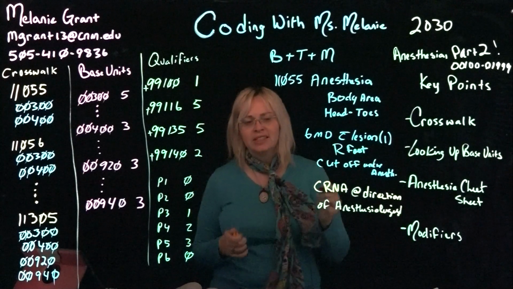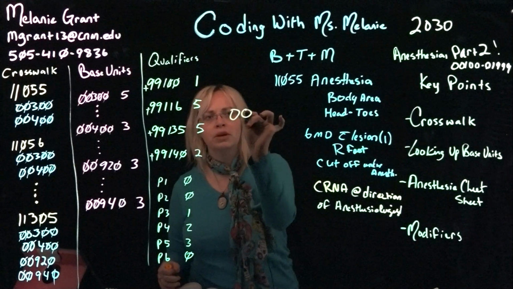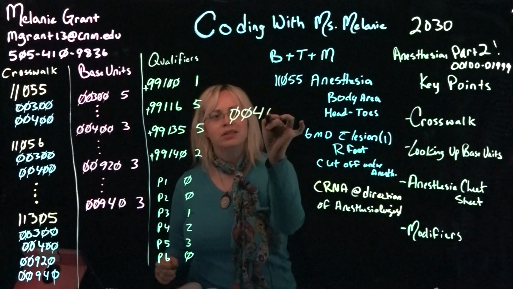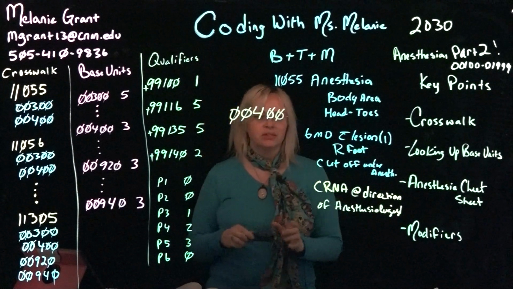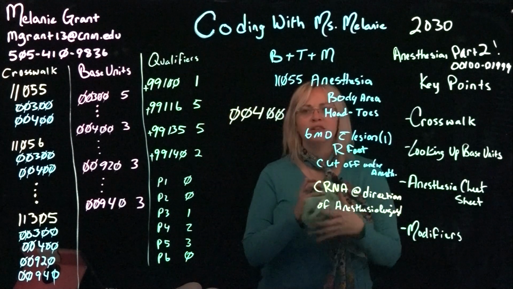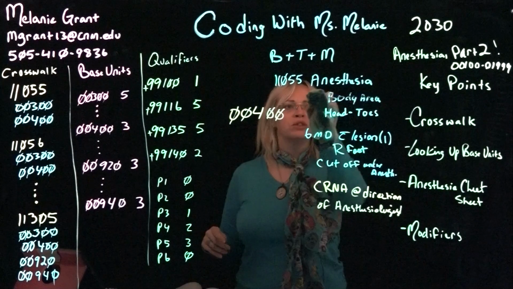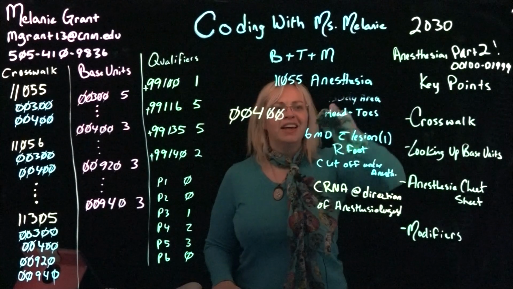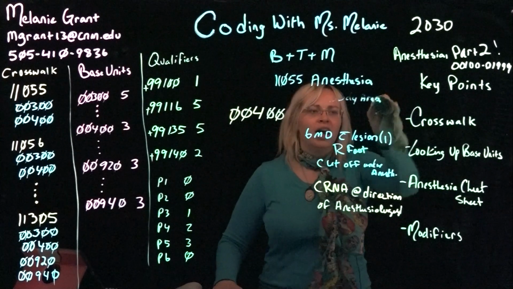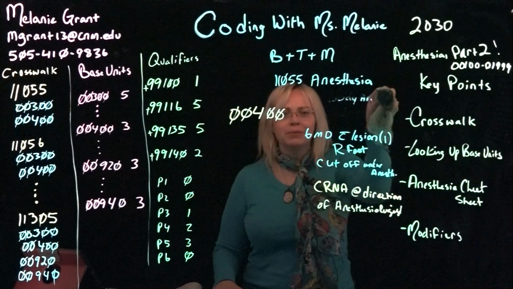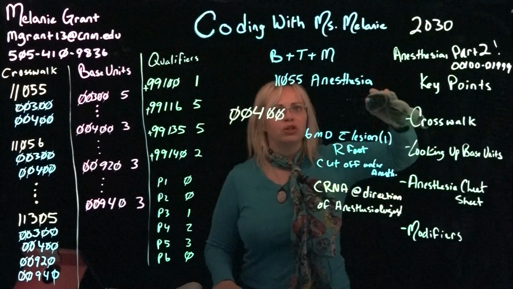So we're going to list this as our code, 00400. Okay. And I'm going to erase some of this here so we have a little bit more room for us to write. Okay, so that's step one of anesthesia coding. Find the anesthesia code and verify that it's in the correct area for your procedure.